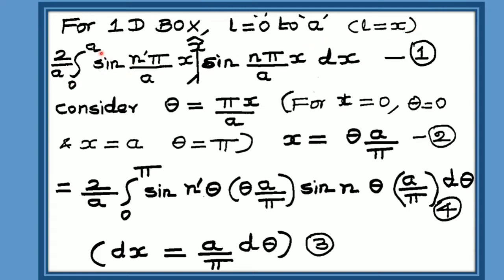Transition dipole moment integral போட்டீங்கன்னா, wave function for the one dimensional box is sin n prime pi x by a, x, sin n pi x by a dx. ரெண்டு தடவை square root of 2 by a வரும், அதனால 2 by a ன்னு வந்துடும். இப்போ pi x by a வந்து theta ன்னு வச்சுக்கிறோம். Let us evaluate the integral.